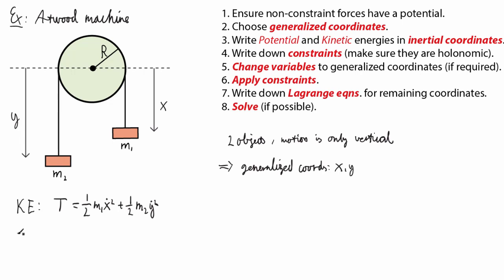That's the kinetic energy. Then we have the potential energy. That's minus m1 g x minus m2 g y. All right. And the minus signs are because x and y are both in the downwards direction.